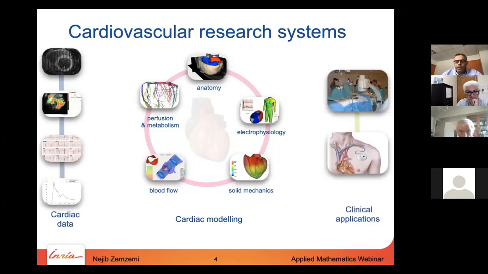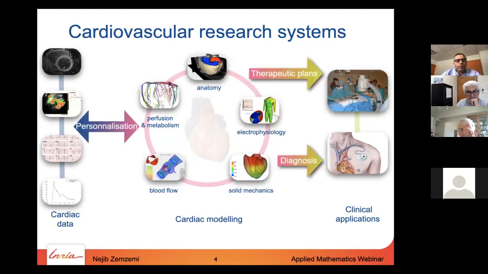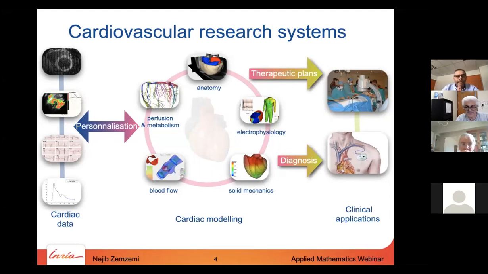Why do we do that? The first thing is that we think a mathematical model could help to assimilate patient data. That's what we call personalization, which means that if you have observations, you can fit your model in order to make it behave like these data. And doing that, you will be assimilating your patient. This is one of the objectives.